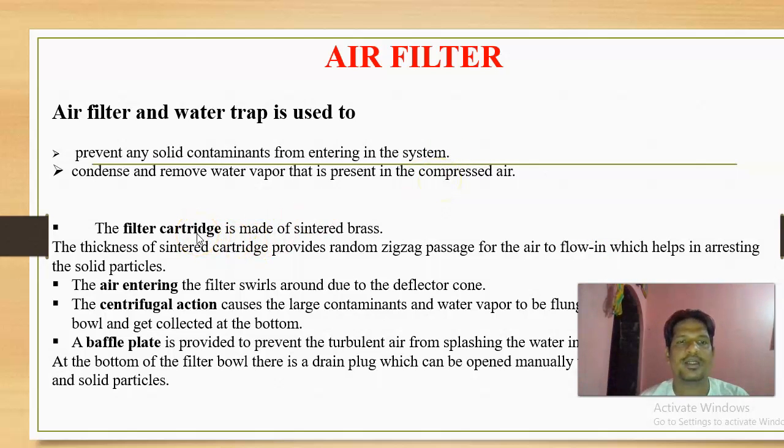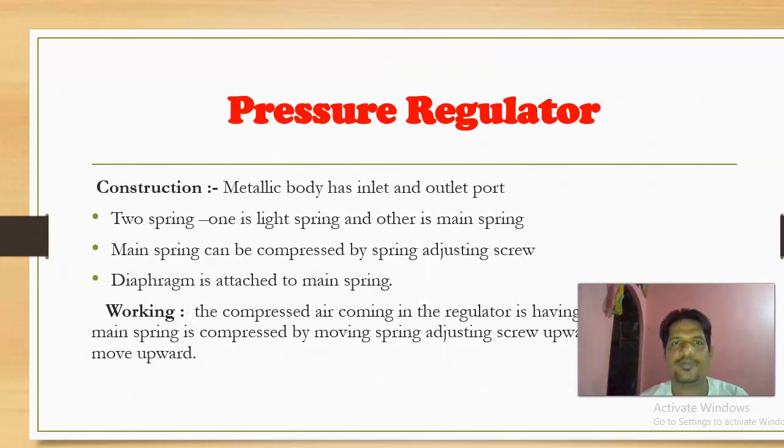The filter cartridge is made of sintered brass. The air entering the filter swirls around due to the deflector. The centrifugal action removes the contaminations, and a baffle plate is provided to prevent turbulent air from splashing water into the filter cartridge. So to remove contamination, we use an air filter in the system.